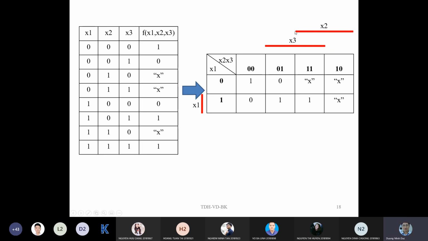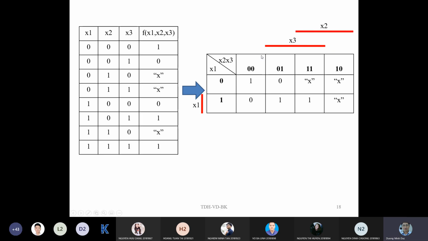Okay, so we have 4 columns, but the numbering of the columns has to obey the rule of the Karnaugh map. So the rule of the Karnaugh map is that two consecutive rows or columns, here columns, differ by only one bit.